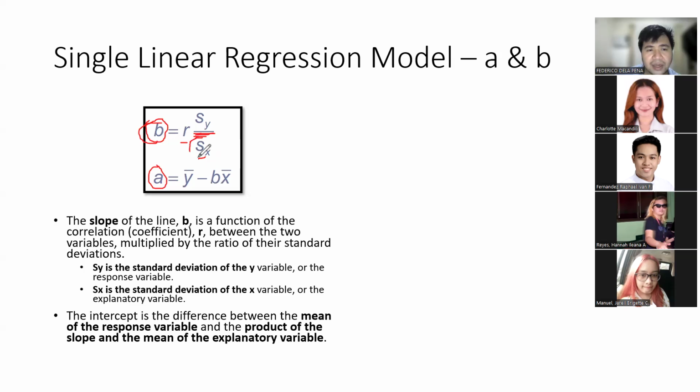So the bigger the scatter in your y variable, you will generally get a bigger slope of the regression. On the other hand, A, or the y-intercept, is simply equal to the mean of your y values minus the mean of your x values multiplied by the slope.